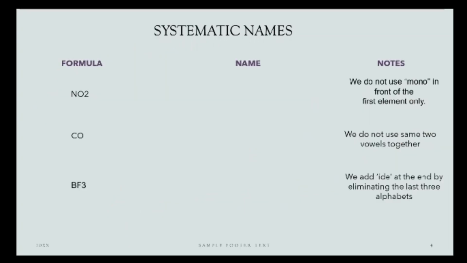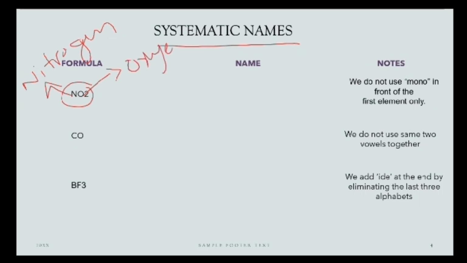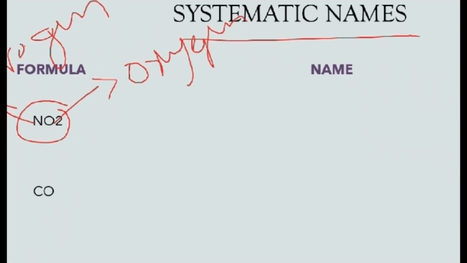Now let's learn the rules to name systematic compounds. Our first compound is NO2, N being nitrogen and O being oxygen. From the formula we can see in this compound there is only one nitrogen and there are two oxygen.